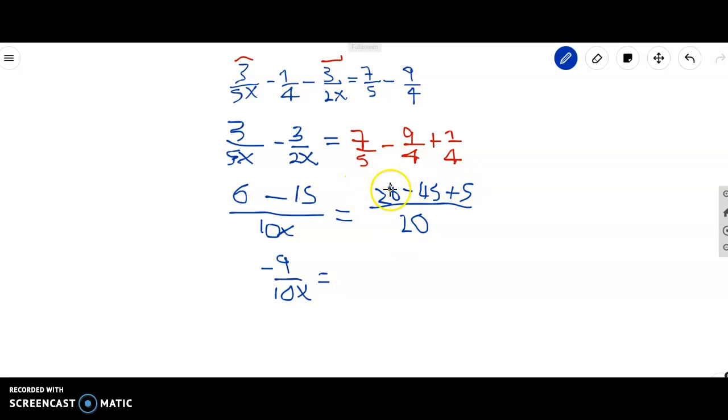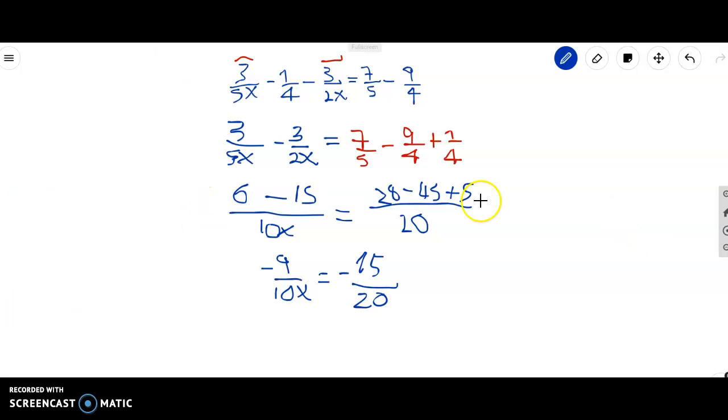And we solve this. 28 minus 45 plus 5 makes minus 15 over 20. All right. We have minus 15 over 20.